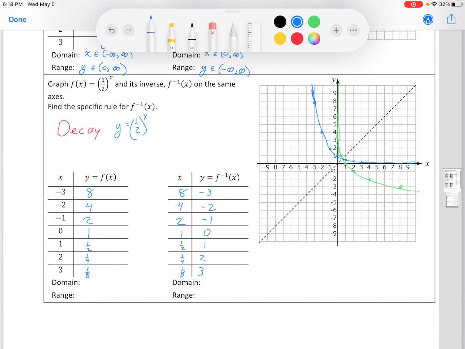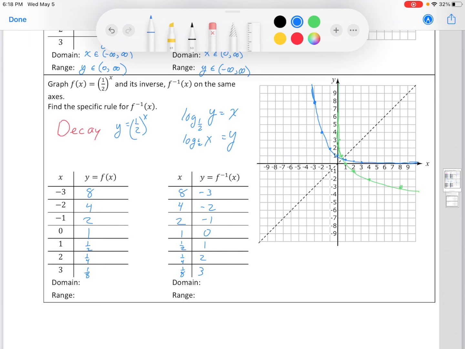And just like the previous example, we would simply say the log is the exponent, and the exponent would be the x, and the base would be a half, and I still have it for my inverse until I switch x and y. So when I switch x and y, that would be y is equal to the base 1/2 log of x.